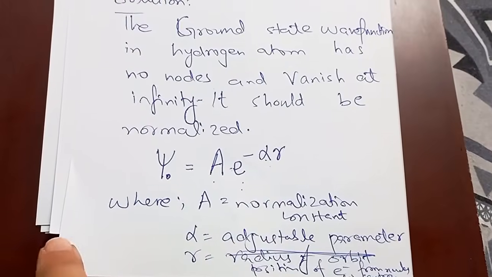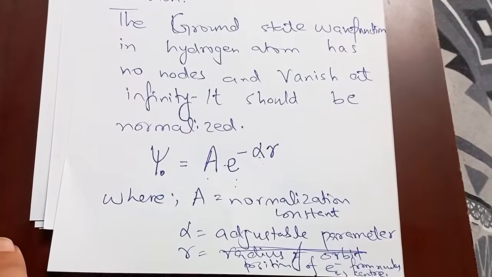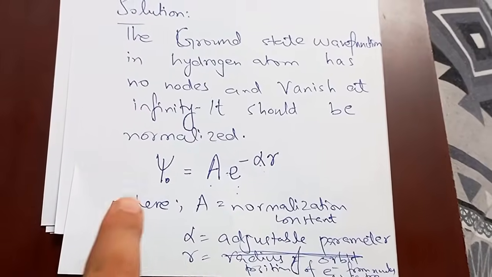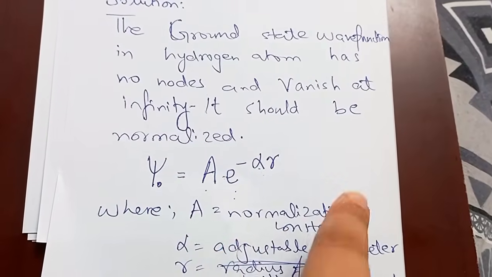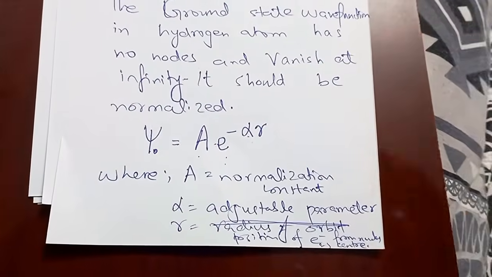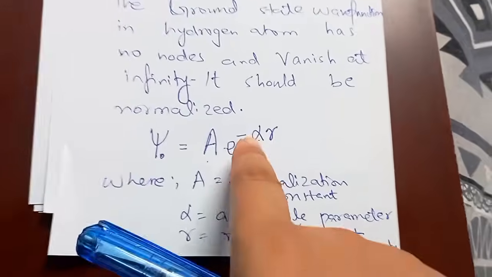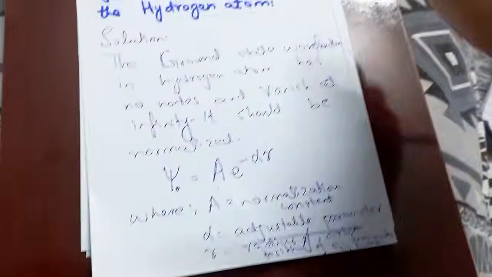While in the case of the harmonic oscillator we used a Cartesian coordinate system like dx, dy and dz, here we'll be using the spherical coordinate system like dr, d theta and d phi. They'll be used later on. So r here is the radius vector.